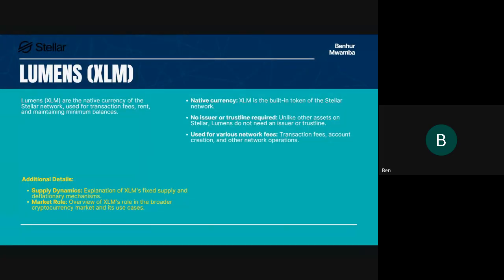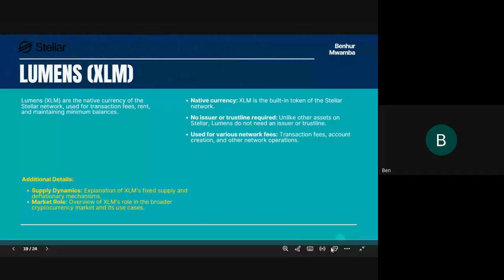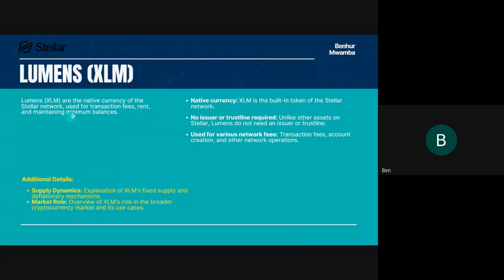So if you want to send some XLM to someone via a wallet, there are some fees, and usually it's around 0.0000001 XLM per transaction. It's also used for rent.